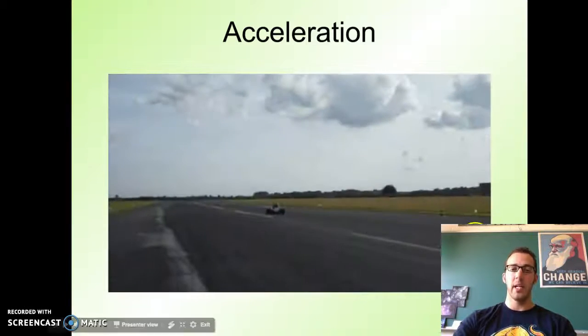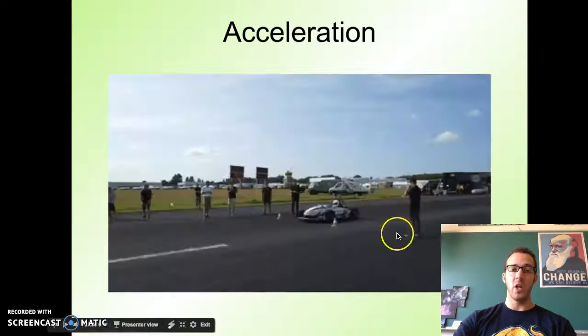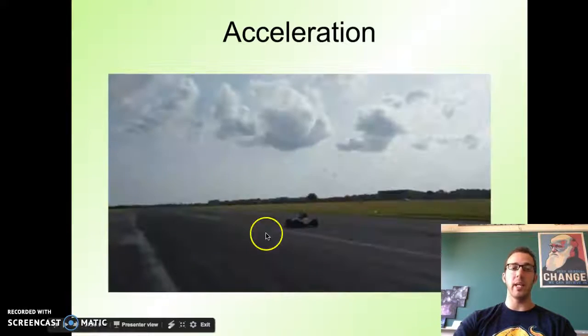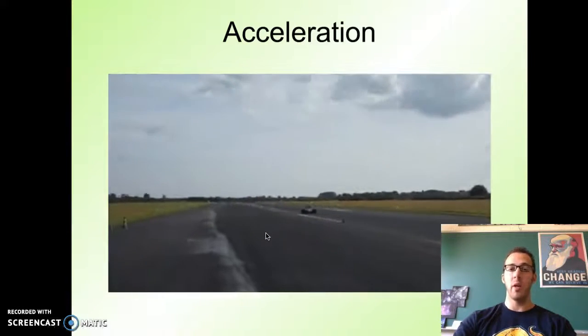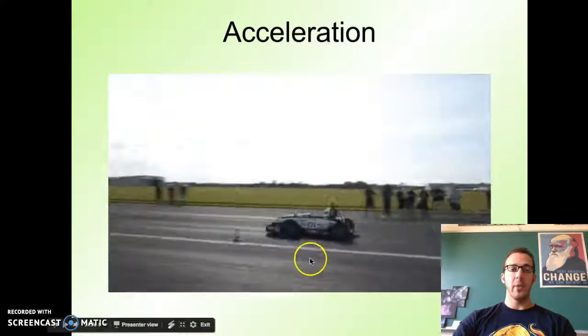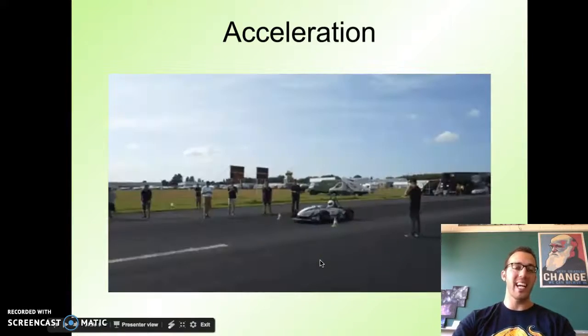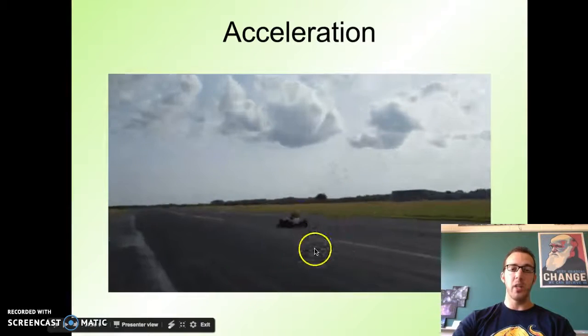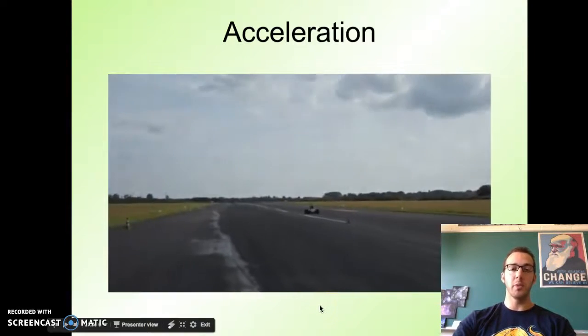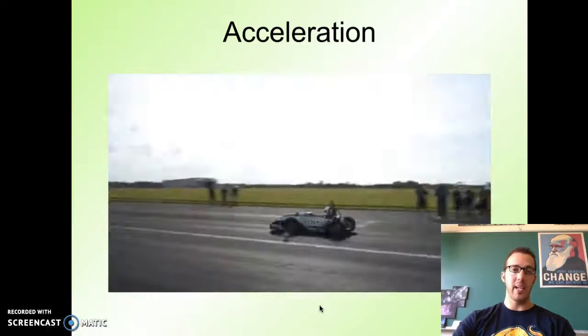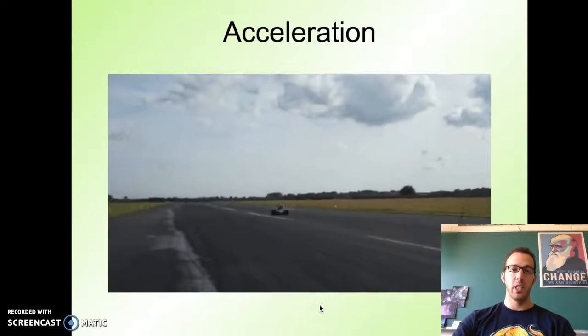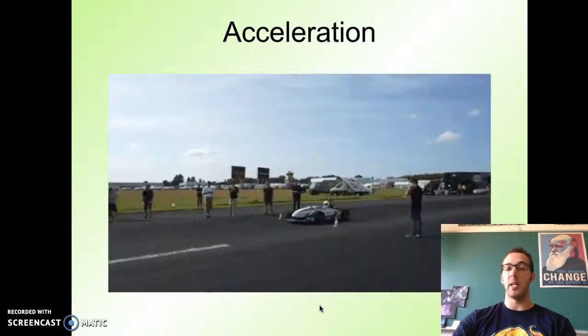Here's how this works. In this particular picture, you can see that the car is starting from rest and it's pulling out, and it's getting faster and faster as it does so. So if this car has an acceleration of 10 meters per second squared, that means that the speed of the car gets faster by 10 meters per second for every second that it's accelerating. So after 1 second, the car has a speed of 10 meters per second.